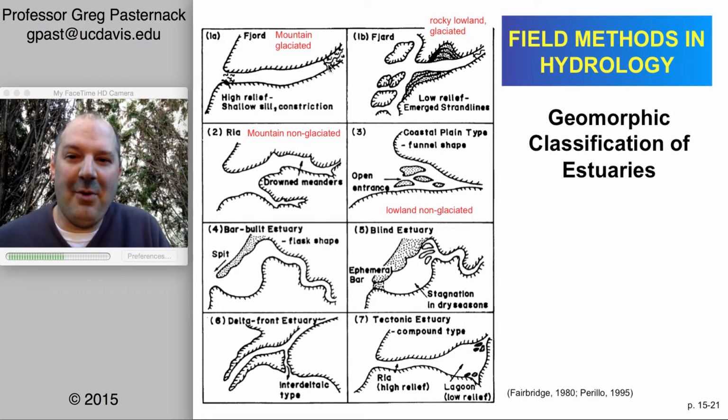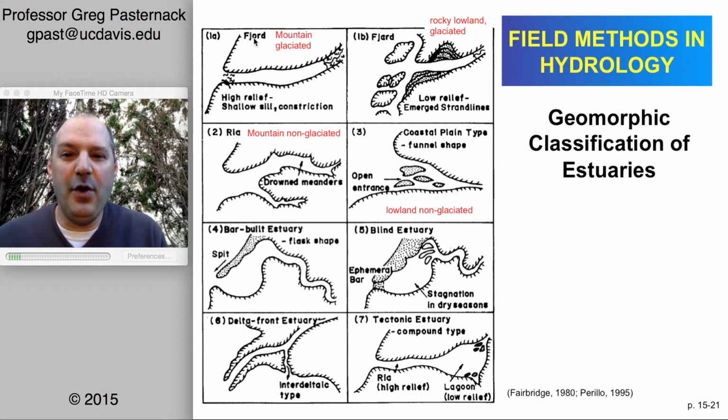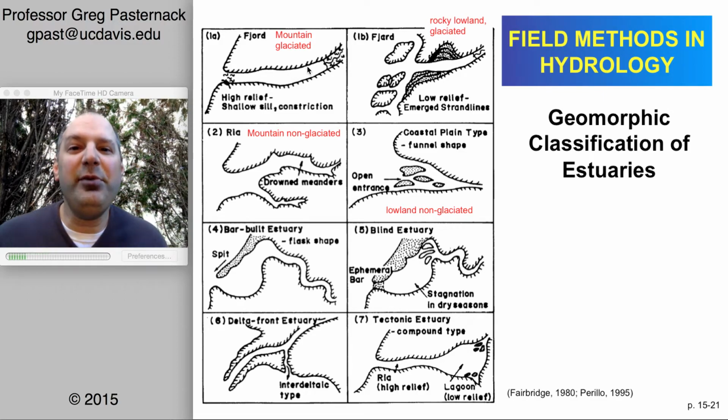And so, for example, in very high relief terrains that are also heavily influenced by glaciers, then we have what are called fjords. So a fjord is a place where the river meets the sea, where there is a river valley, but that's cut deeply into a high relief mountain basin.